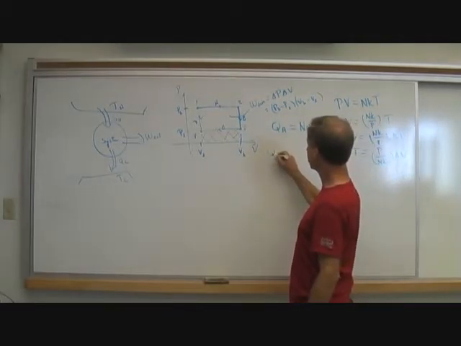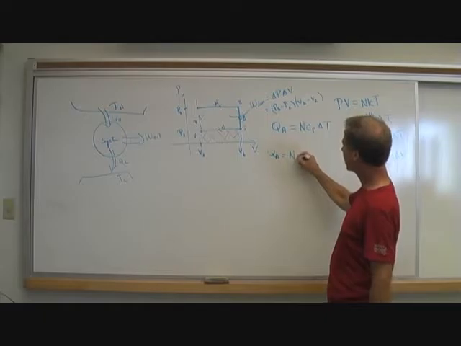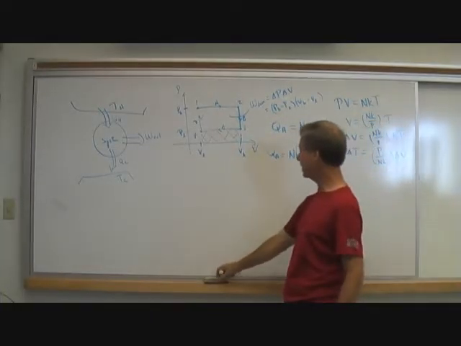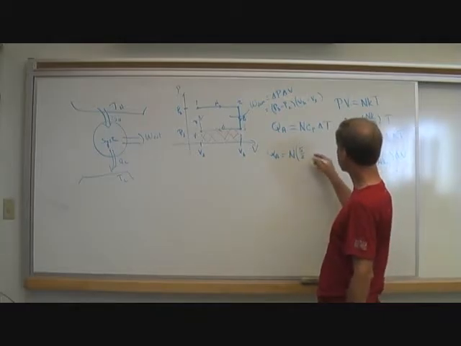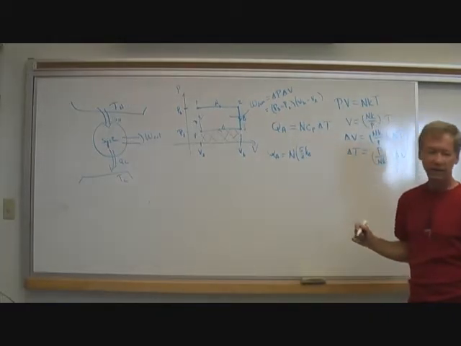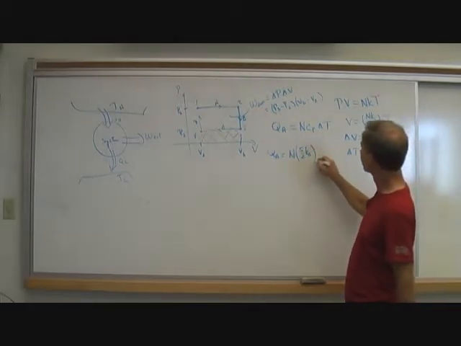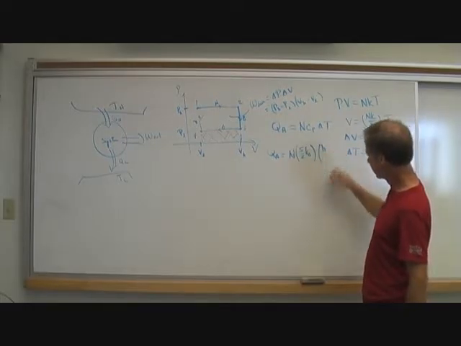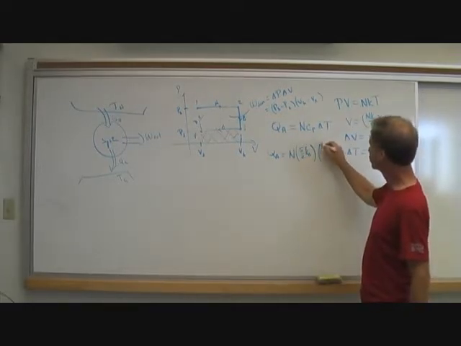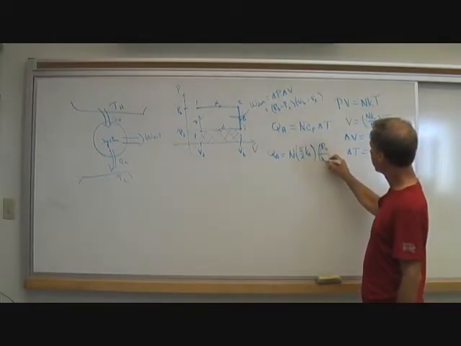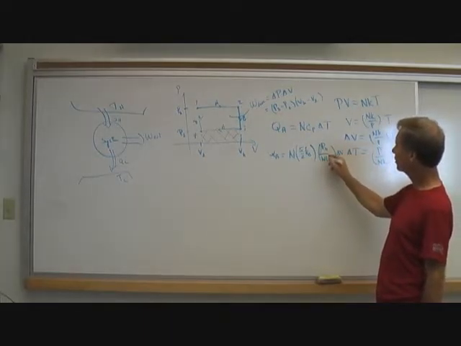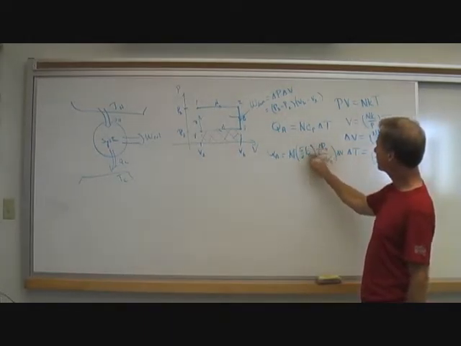So Q sub A is going to equal, here's the N still there, now I've got 5/2 times N times k, 5/2 Nk, and now I've got delta T. Well, delta T is going to be P sub H over Nk times delta V. Well, this N and this N go, this k and this k go.